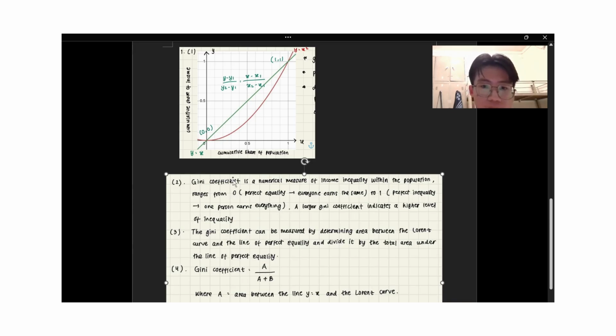The range is from 0, or perfect equality, which means that everyone earns the same income, to 1, or perfect inequality, where one person earns everything and the others don't earn anything. This is the meaning of inequality. So a larger Gini coefficient indicates a higher level of inequality.